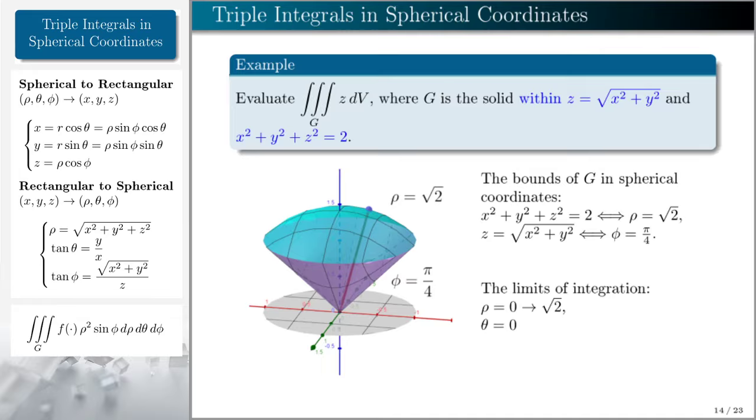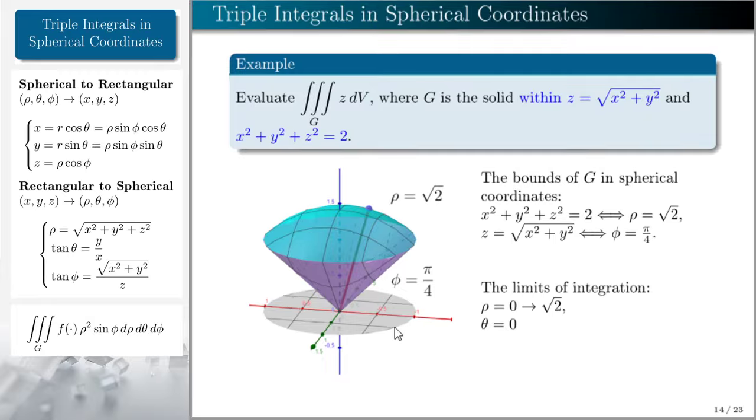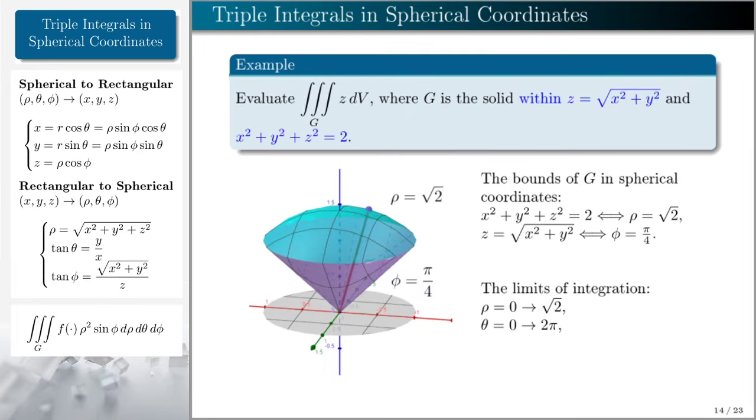Now how about theta? Since I just need to project my solid to the xy plane, which gives me a full circle, my theta will be from 0 to 2 pi. And last but not least is phi. For phi, I will start at the positive z-axis and start rotating it like so.